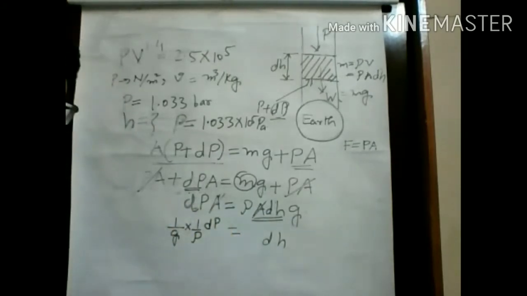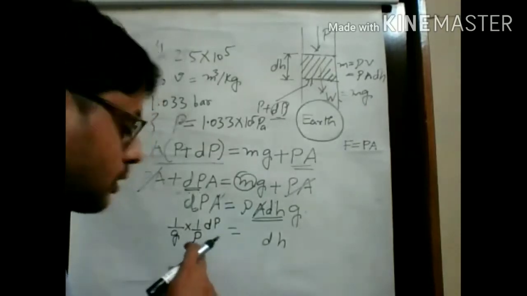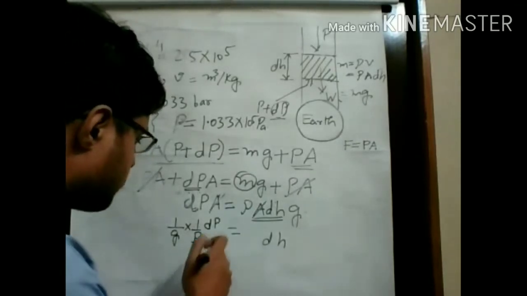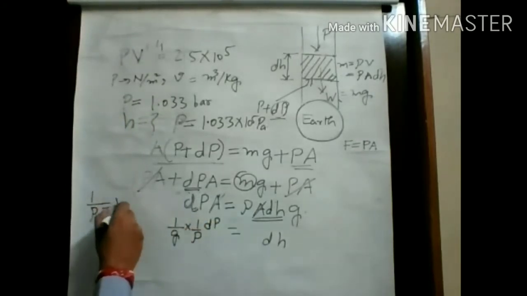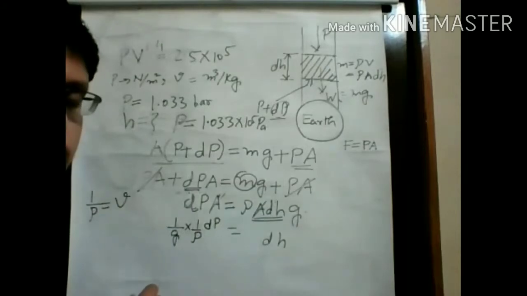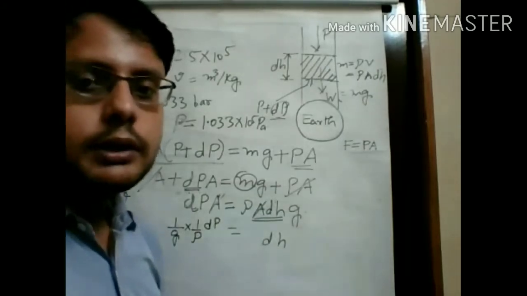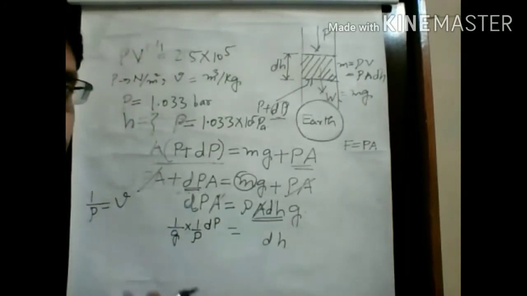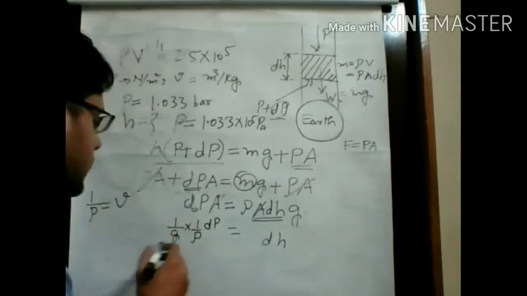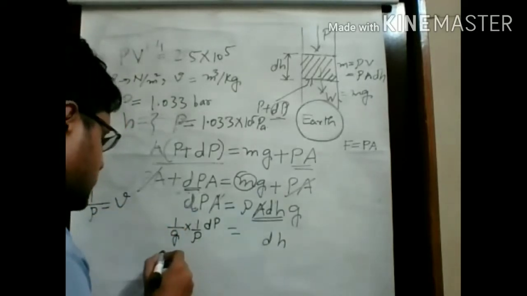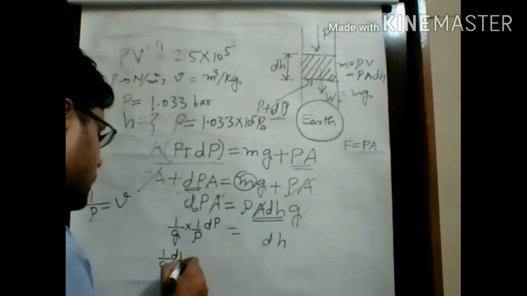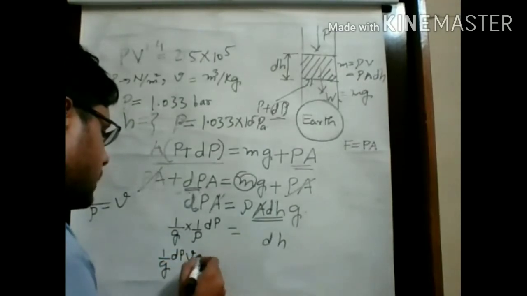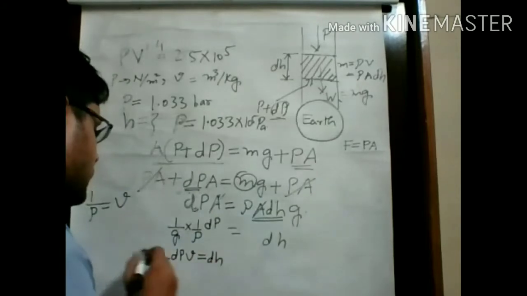Now when we solve this problem, this 1 upon rho is equal to specific volume, small v. So we get 1 upon g, dP small v, equals dh.